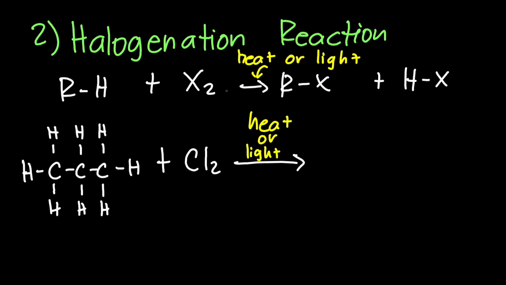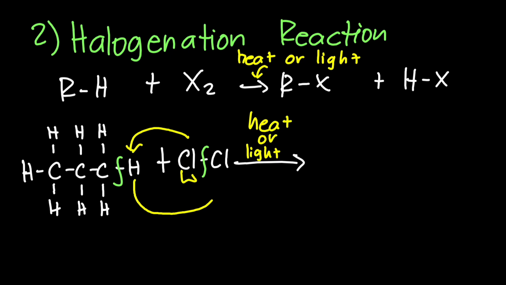So by the presence of heat or light, let's put this as Cl to Cl. Because of heat or light in here, it will break the bonds of the chlorine to chlorine bond in here. And it will also break this one, in which the chlorine here would replace the hydrogen, and the hydrogen here would react with the remaining chlorine.